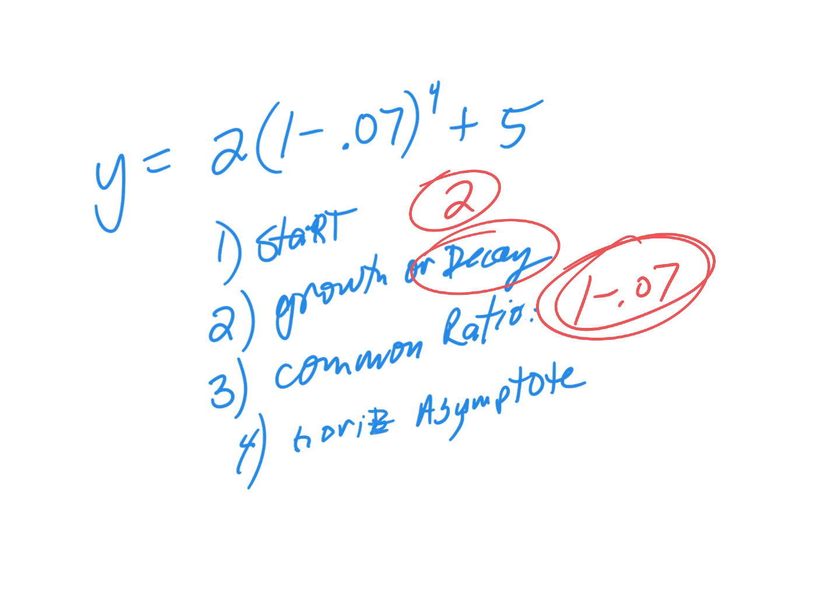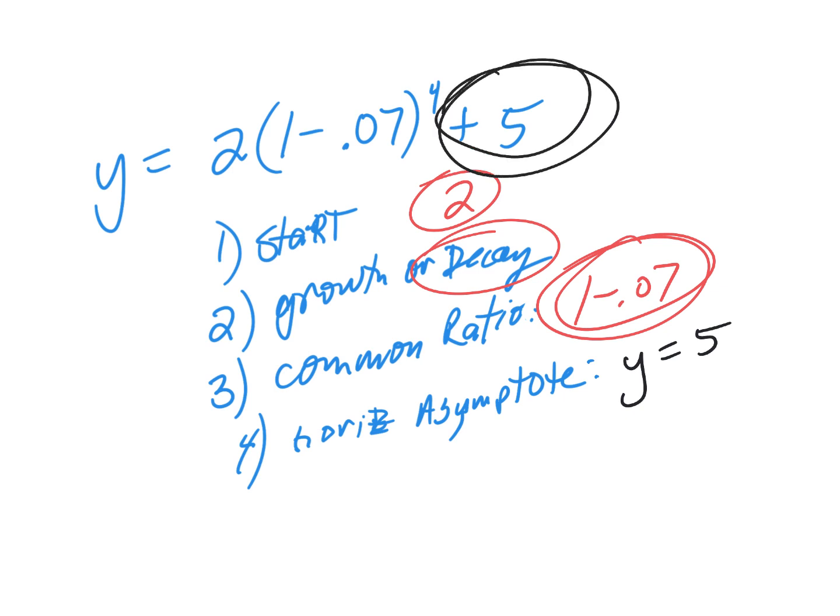Let's go back to my consistent right answer guy, John Smith. Just kidding. Y equals 5. All right, that's normally y equals 0, but they moved it up 5. That's why the asymptote would be at y equals 5.